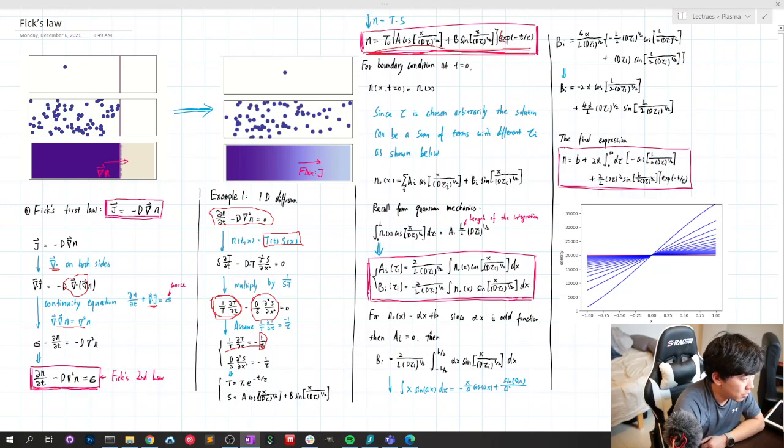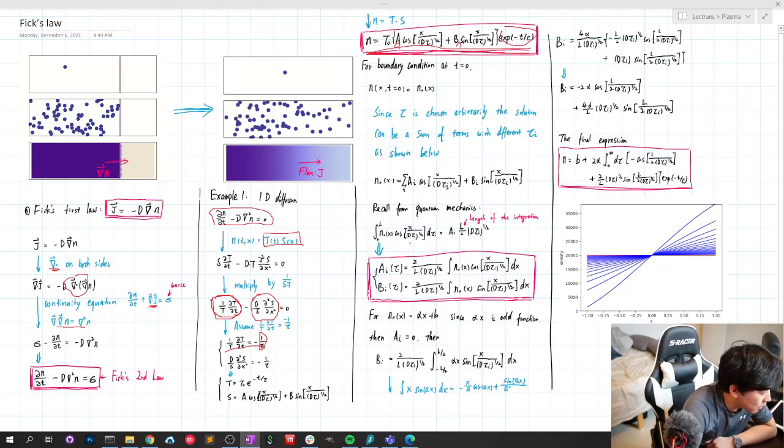Therefore, this term will go to 1. So we're left with only a spatially dependent function, and we can recall from quantum mechanics we can get the free parameters like A and B using integration, basically completing the bracket. There's a left bracket and then the right bracket, you can just do the integration. You can track back to some basic quantum mechanics.